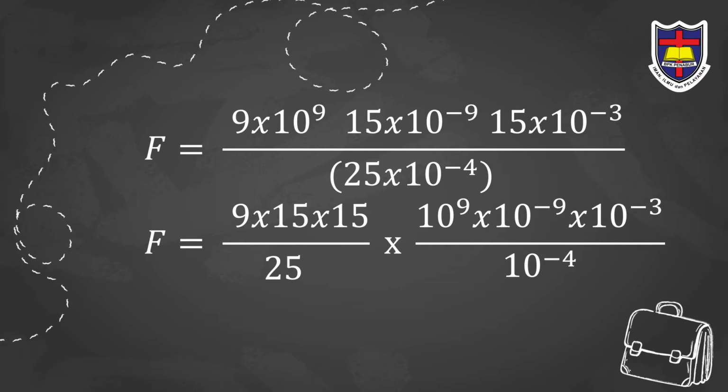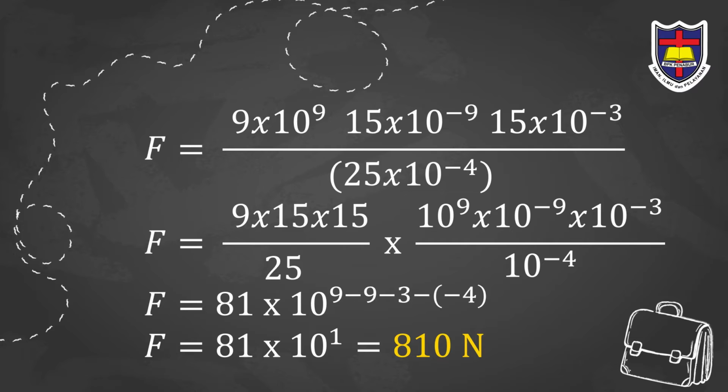The first one is 9 times 15 times 15 over 25, and then times 10 to the power of 9 times 10 to the power of negative 9 times 10 to the power of negative 3 over 10 to the power of negative 4. So the base number is all the same, so we can use the exponent operation in here. So 9 times 15 times 15 over 25 is equal to 81 times 10 to the power of 9 minus 9 minus 3 and divided will be minus negative 4.